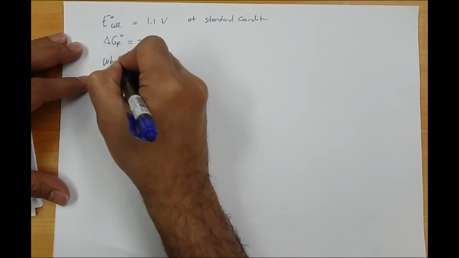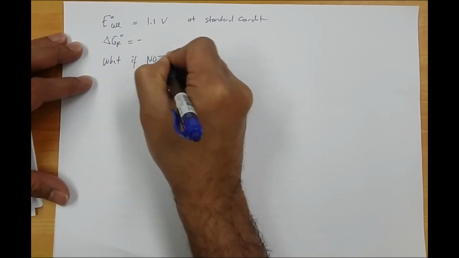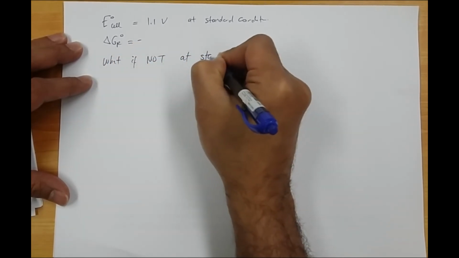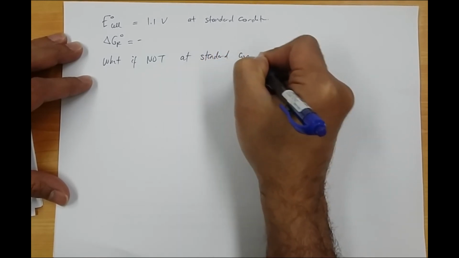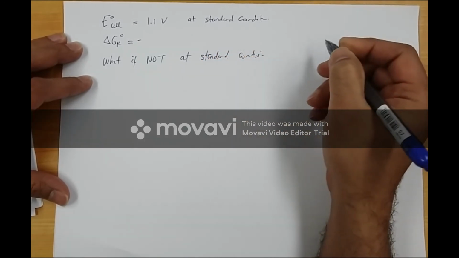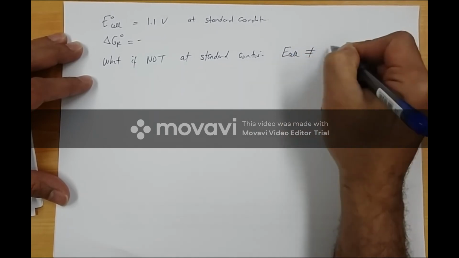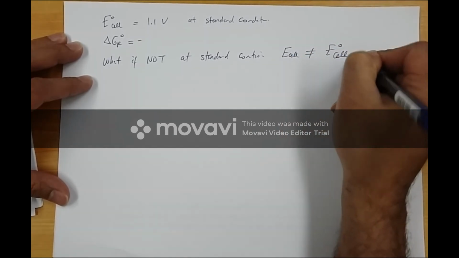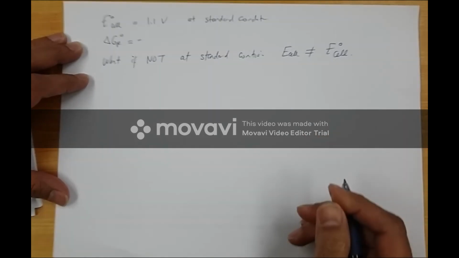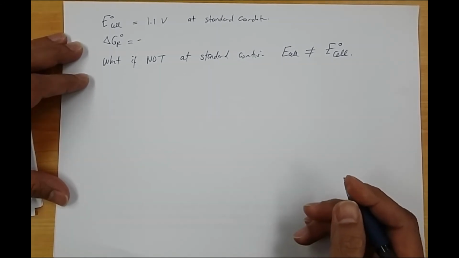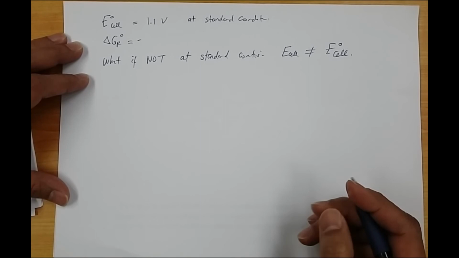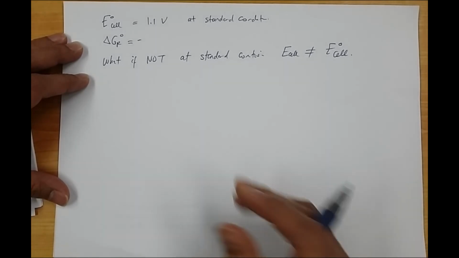Then the measured E of the cell will not be the same as the E naught of the cell, right? There will be some changes, and those changes are a function of the concentration of the reactant and the product.